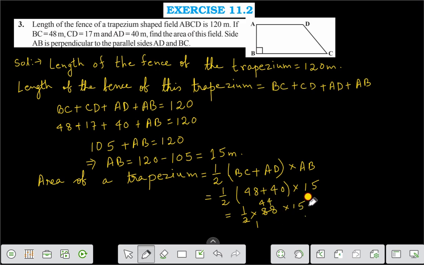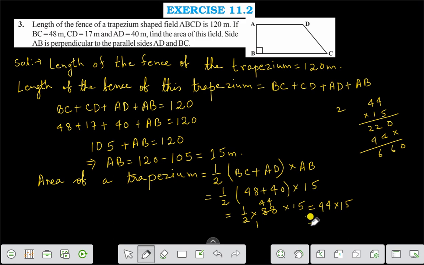Now, if we multiply 44 with 15, then what we are getting, you see here. Multiply 44 with 15. 5 fours are 20, so 0 and carry 2. 1 four is 4, 4 plus 2, 6. 660.